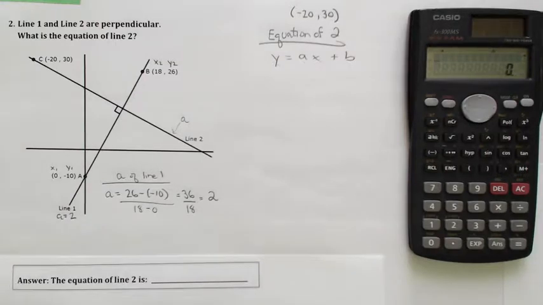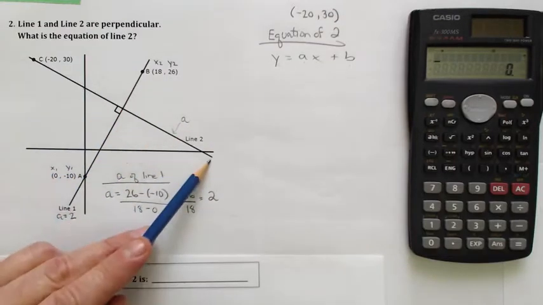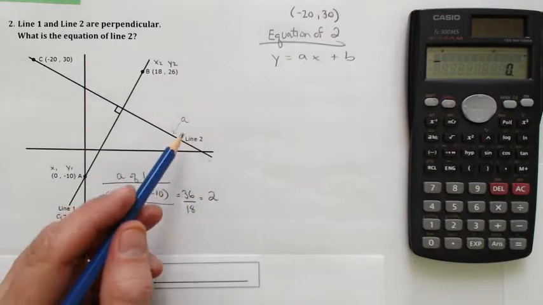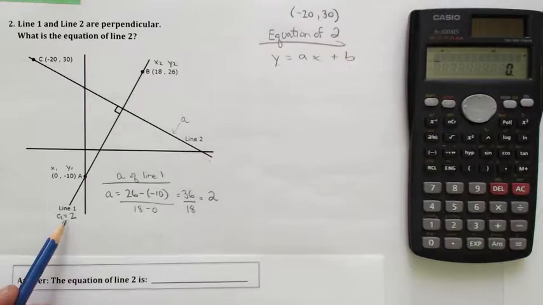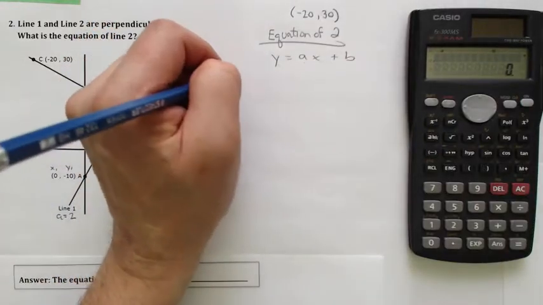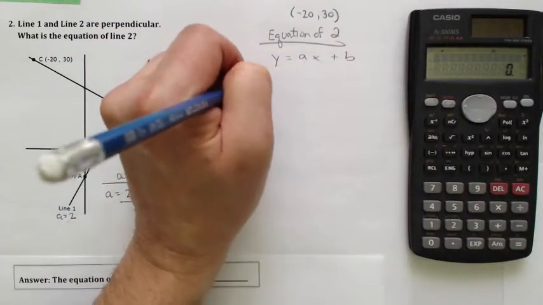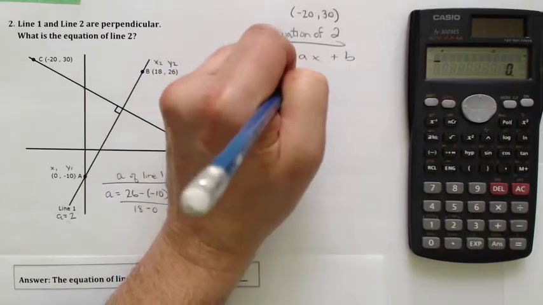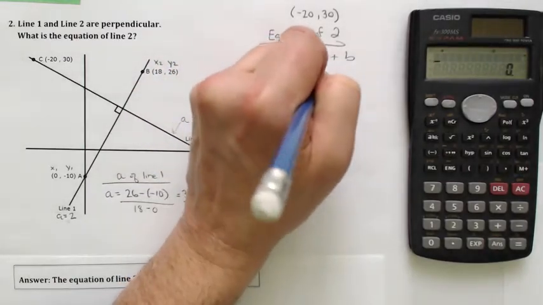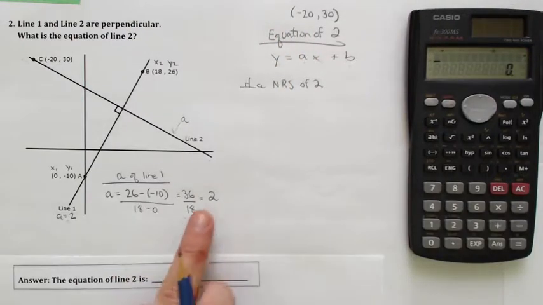Now, why do I care? What's the point, as I said, of getting the slope of line 1? Really only one reason, and that's because we're going to use it to get the slope of line 2. And the reason we can do that is because we know the slope of line 2 is the negative reciprocal of line 1. So we're looking here for the perpendicular a. We're going to get the negative reciprocal slope of that 2.